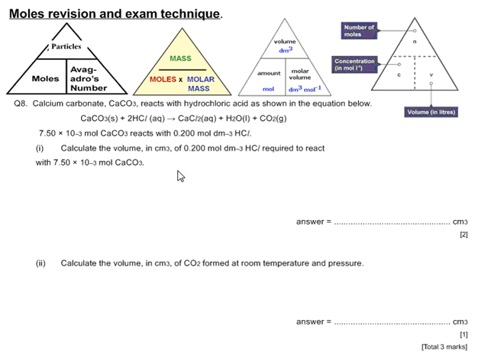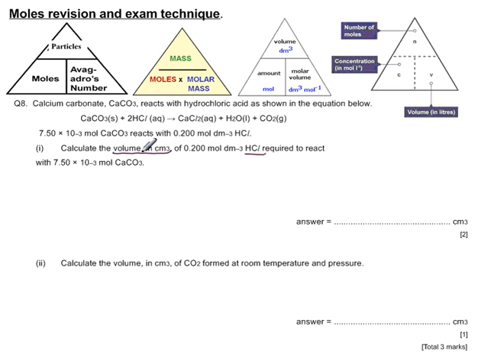And we've got to calculate the volume in centimetre cubed of the 0.2 moles per litre hydrochloric acid required to react with 7.5 times 10 to the minus 3 moles of calcium carbonate. Okay, so the question wants us to work out the volume in centimetre cubed of the acid. Now, the acid is a solution.